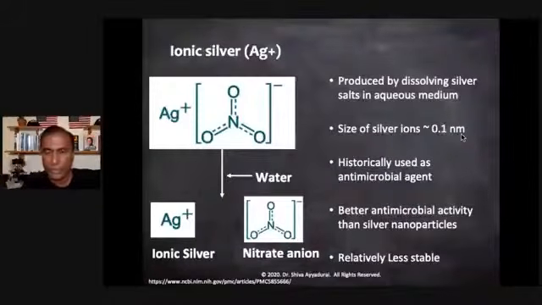And it's historically used as an antimicrobial agent. And the smaller the particle, the better. What you find is ionic silver is better than silver nanoparticles, which we're going to talk about. But it's relatively less stable, okay? So that's the negative side of it.